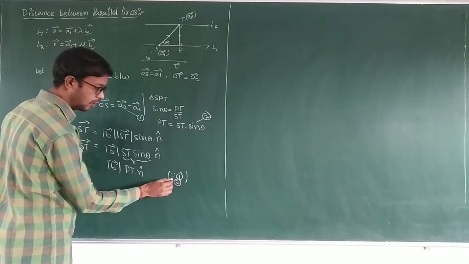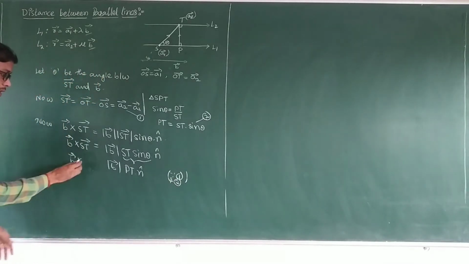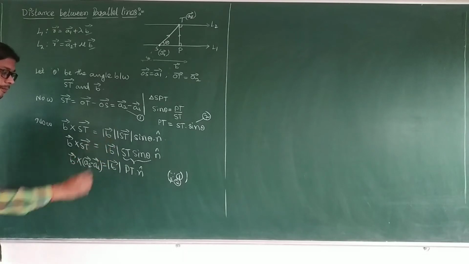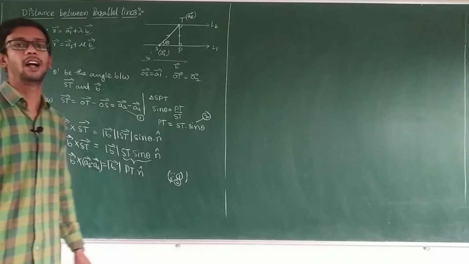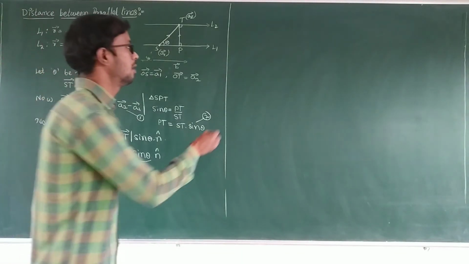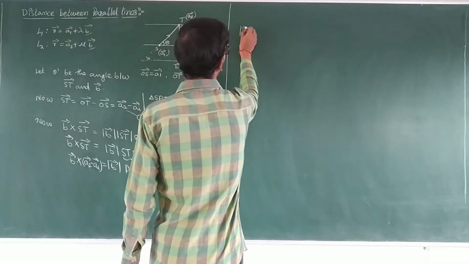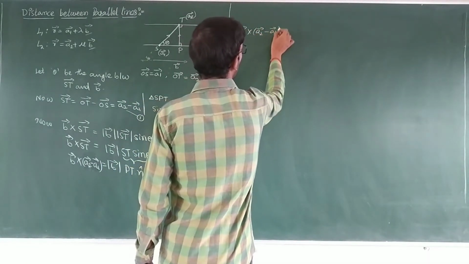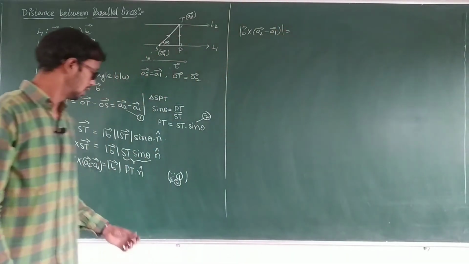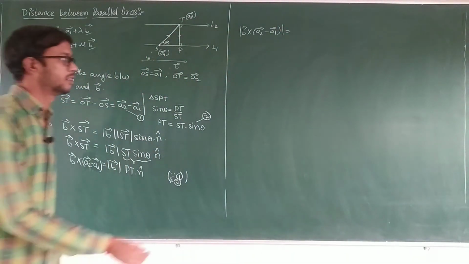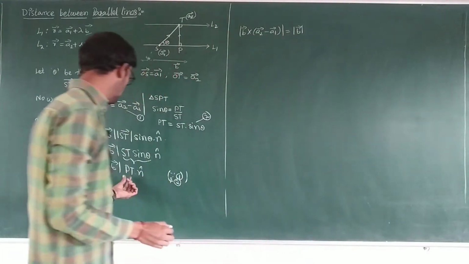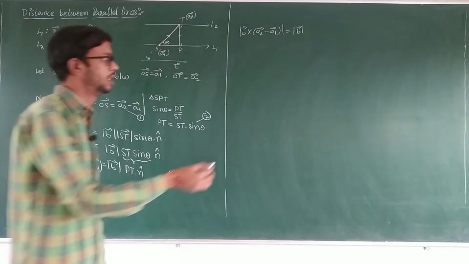From 1.2, ST bar is a2 bar minus a1 bar. Now I will apply the magnitude on both sides. Magnitude of b bar cross a2 bar minus a1 bar is equal to this side, the magnitude, which is already there, magnitude of PT only.